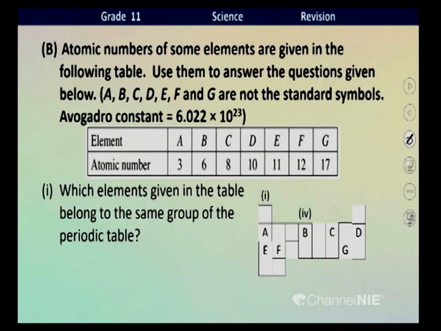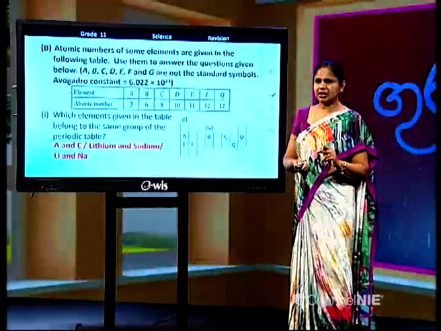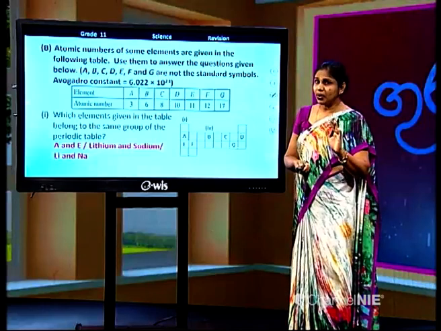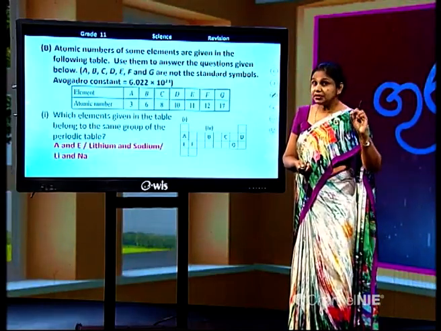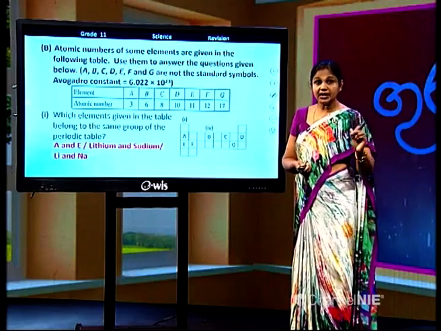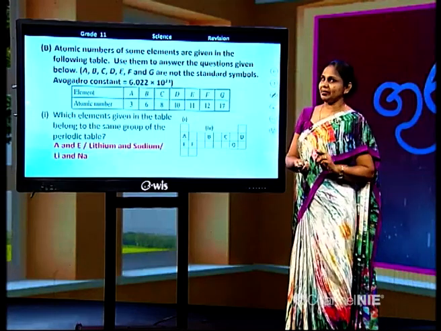What are the elements belonging to the same group here, children? A and E. Actual elements are lithium and sodium. When you answer, use symbols A and E. Sometimes when these types of questions are given, children, in your O-level paper, remember, in bold letters it is mentioned near the question that answer using the given symbols only.